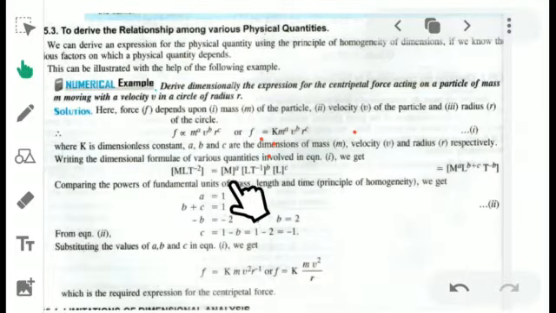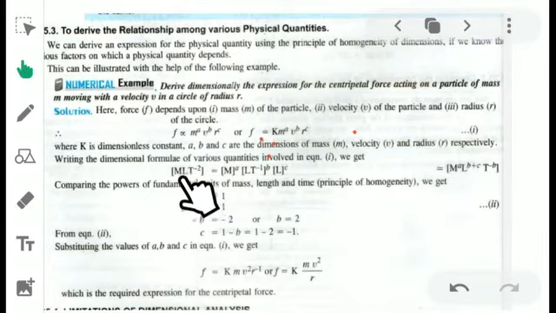Now we rearrange this equation, that is M raised to a, L raised to b plus c, and T raised to minus b. Now we equate the left side and the right side. See the power of M on the left side is 1, and on the right side it is a. So we got a is equal to 1.